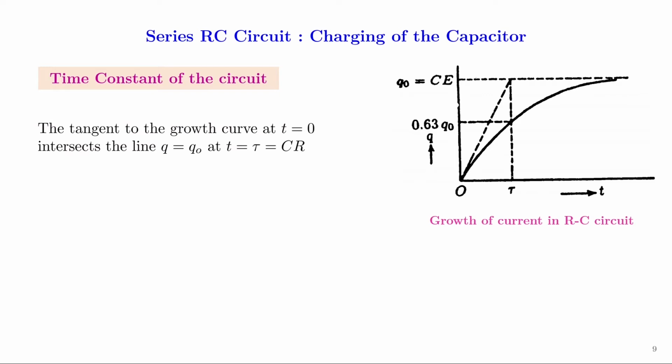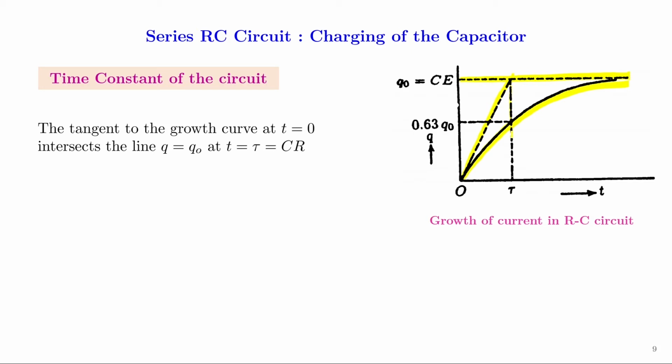We can go for an alternative definition for the time constant by drawing a tangent to the curve at t equal to 0. As we have seen, this curve represents the exponential growth of charge in the capacitor, and when we draw a tangent to this line at t equal to 0, it intercepts the CE line.